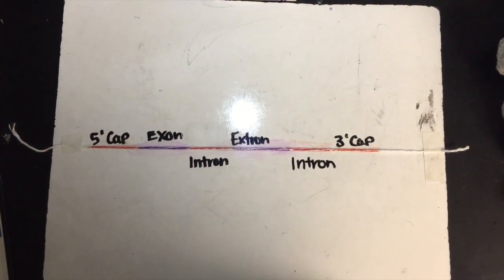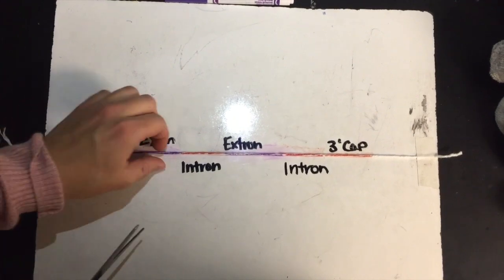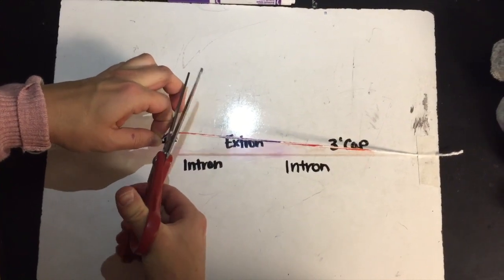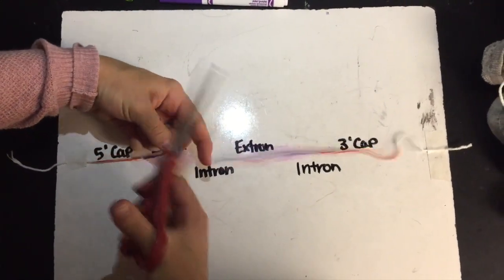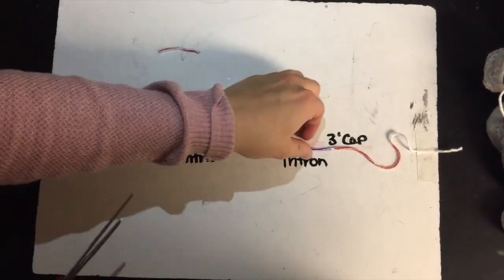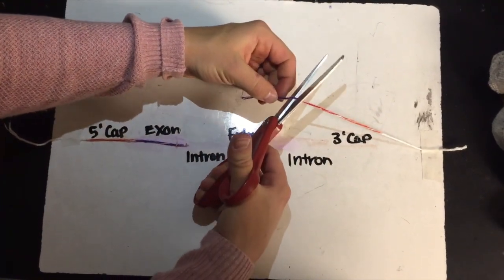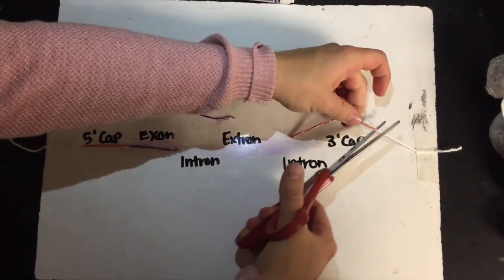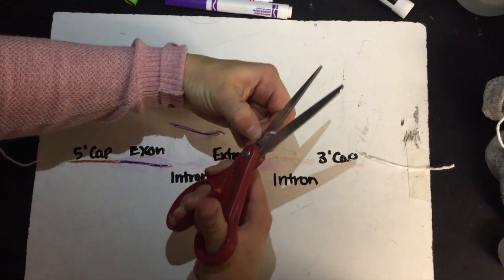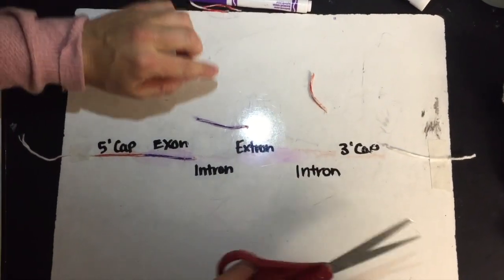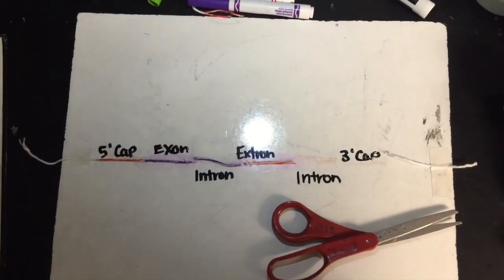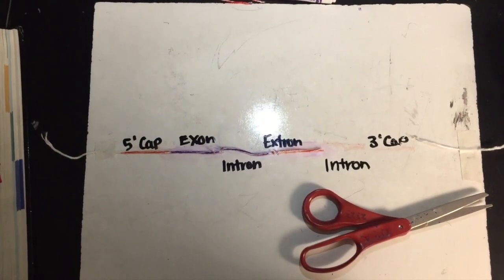And the spliceosome attaches onto the pre-mRNA and cuts out the intron pieces. So the intron pieces are no longer needed, and the exons and the 5' and 3' caps come together to form a finalized mRNA.